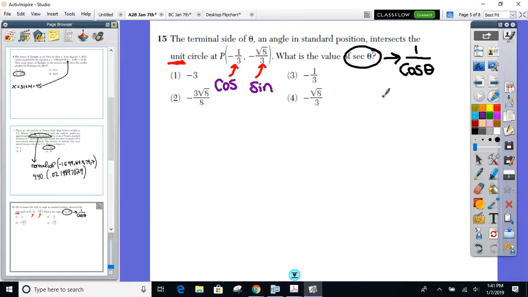So on this one, I want to take 1 over, which coordinate do I want? 1 over negative 1/3. That's the value of secant here.